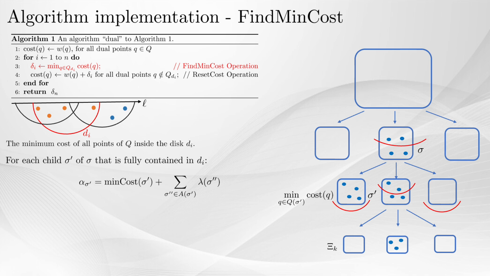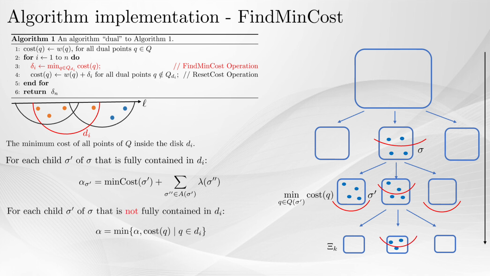And for the condition that the lower arc intersects with sigma prime, we continue to check its children cells until we reach a cell in C K that is not fully contained in di, which is straightforward because we only check all points in C K that are covered by di, and we use alpha to record the point with the minimal cost.